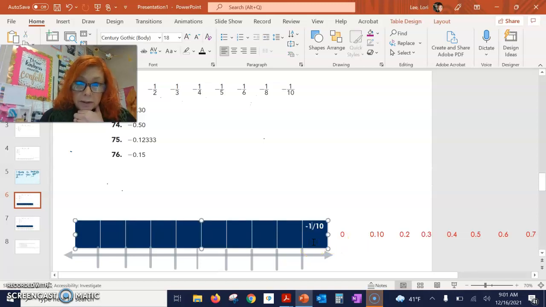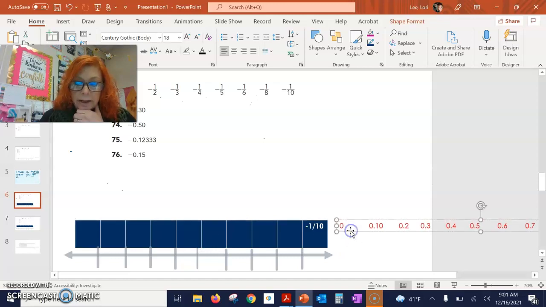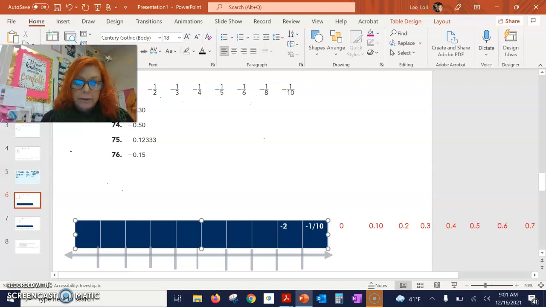So this is going to be 1/10. It's closest to 0 because it's the least amount away from 0. So what will this bar be here? What you should realize is that all of these are going to be tenths. And of course they're negative, so we're going the opposite direction.